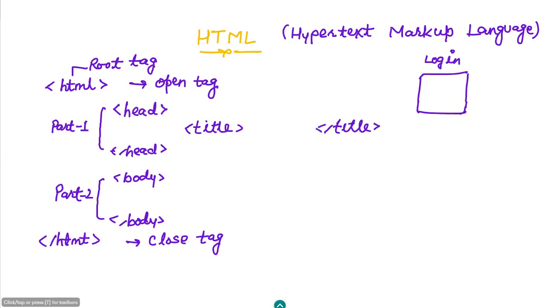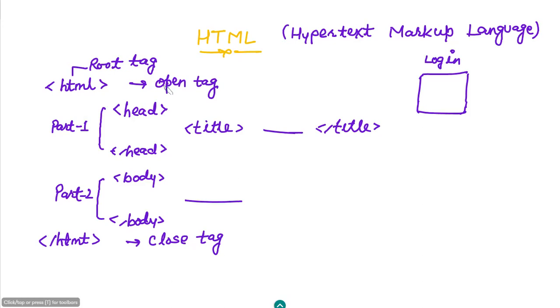The title will go here, and all the content or designing part goes inside the body tag. You can create some buttons, labels, or textboxes, or you can also create a table here.